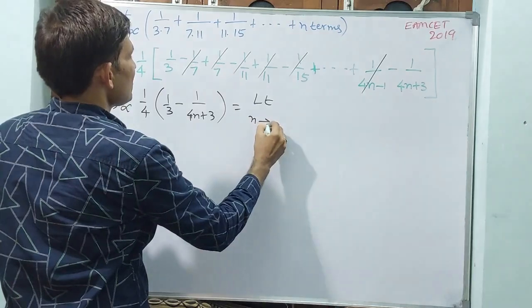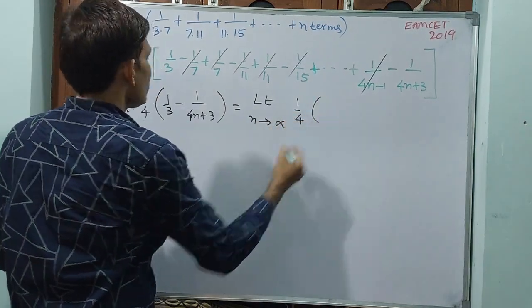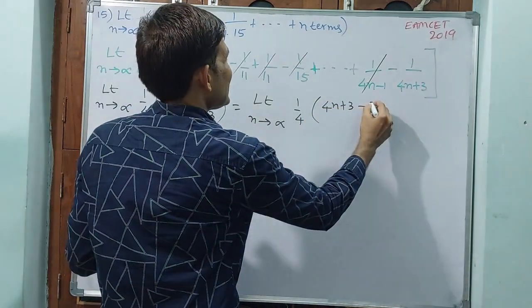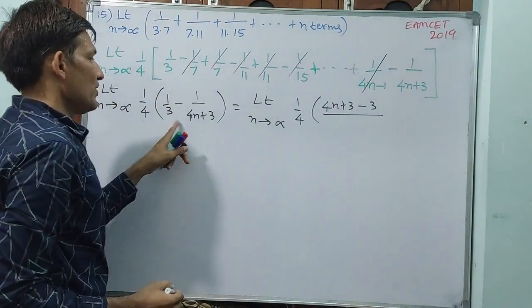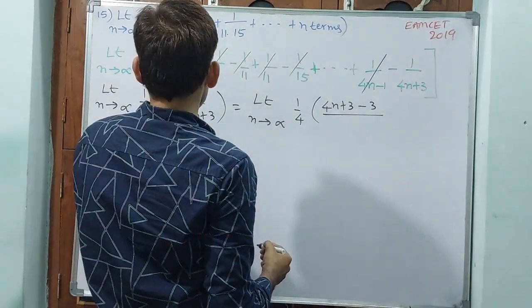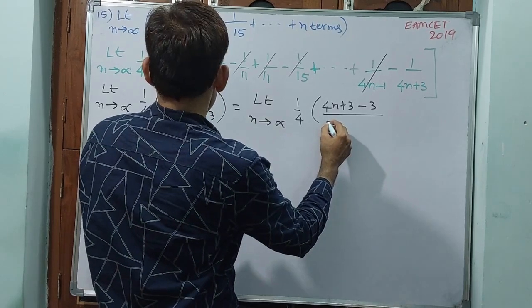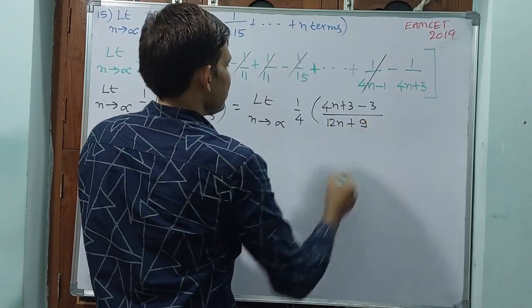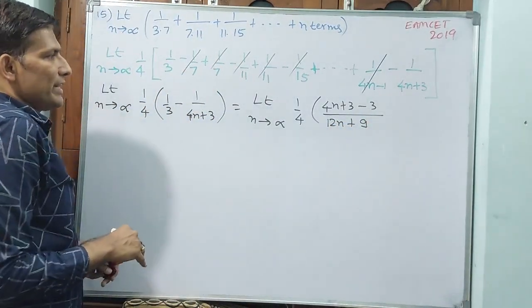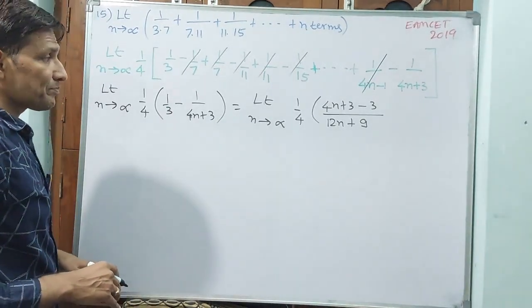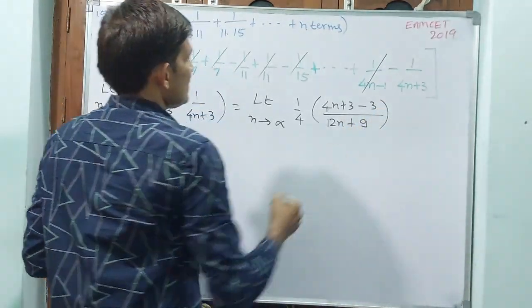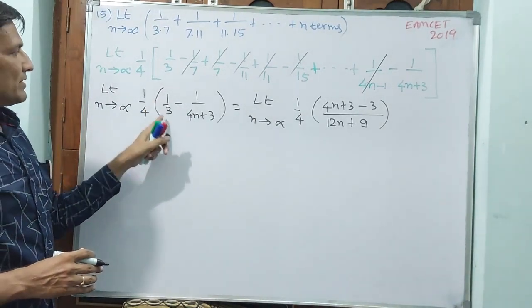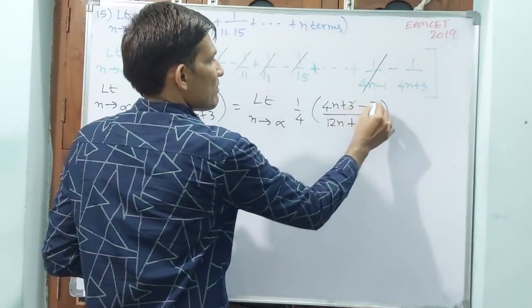Limit n tends to infinity 1 by 4 into 1 by 3 minus 1 by 4n plus 3. Taking 3 into 4n plus 3 as the common denominator, 4n plus 3 minus 3, see, plus 3 minus 3 is going to get cancelled out.